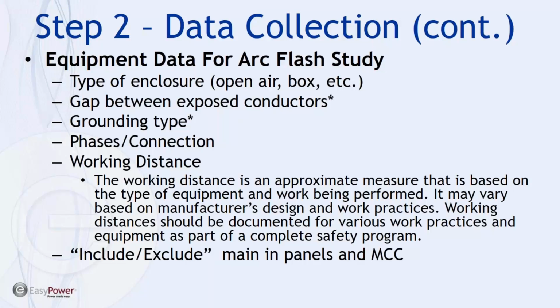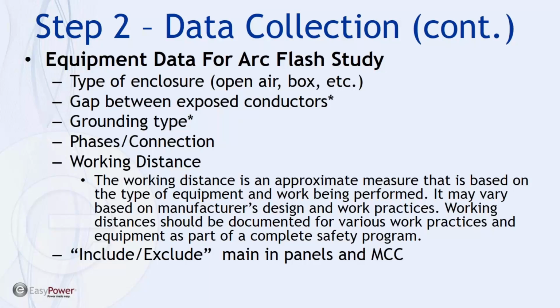There's also an assessment of whether the main breaker or protective device in the panel that we're looking at can be included or needs to be excluded in terms of arc flash calculations. We cover this more frequently in talking about short circuit and arc flash studies, but the people that know or collect the data have to make a determination as to whether the main breaker of the panel is effective in providing arc flash protection.